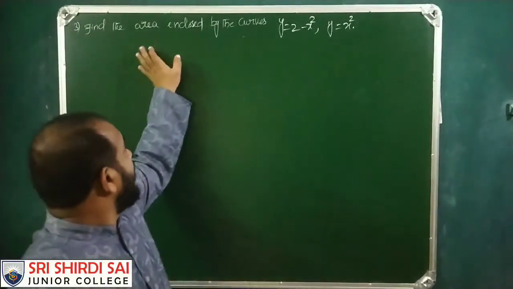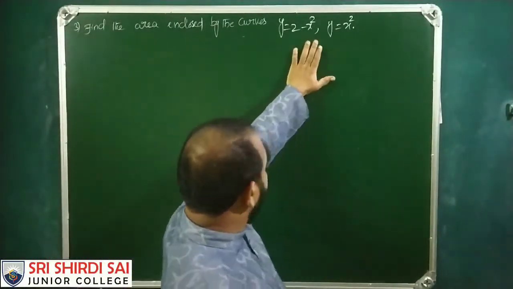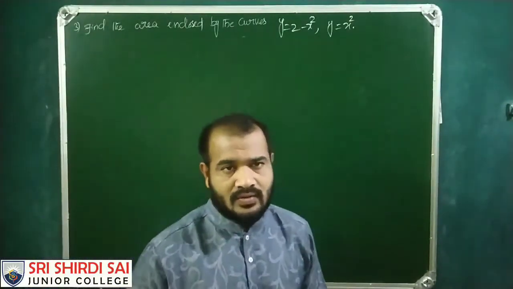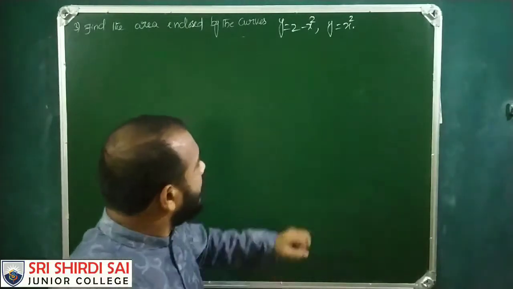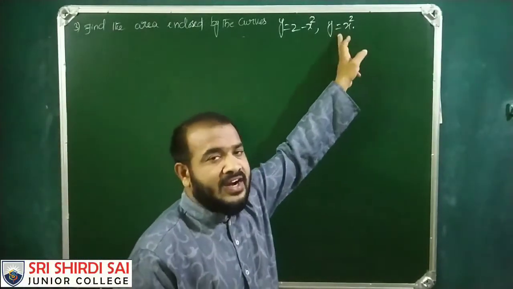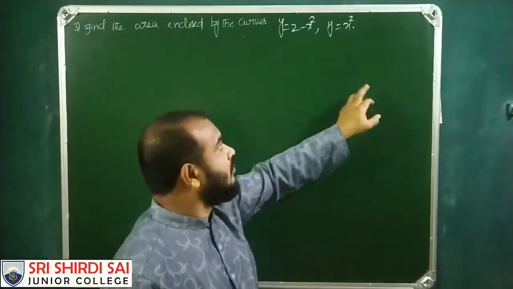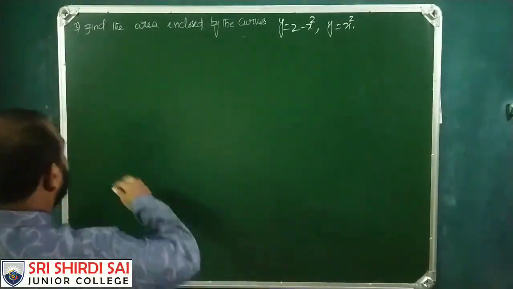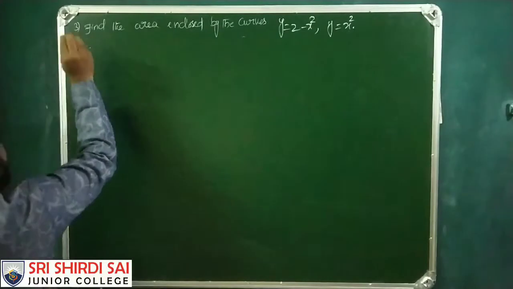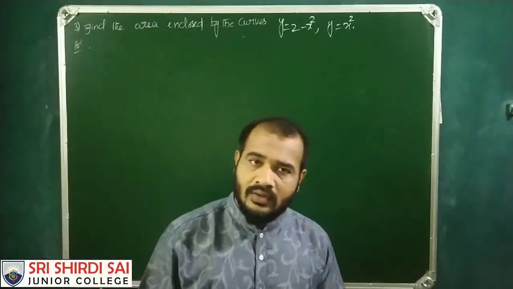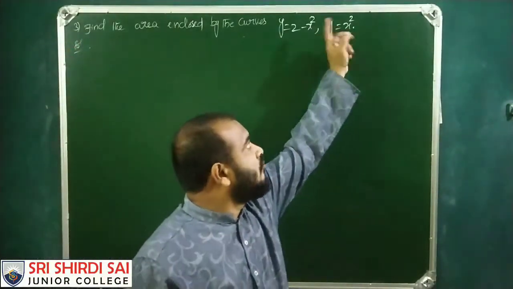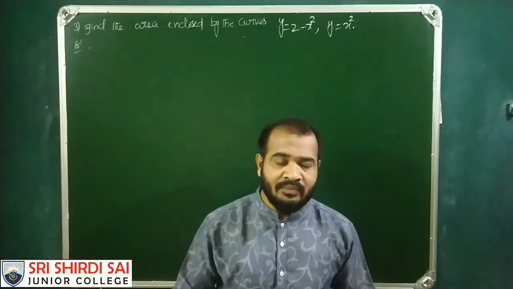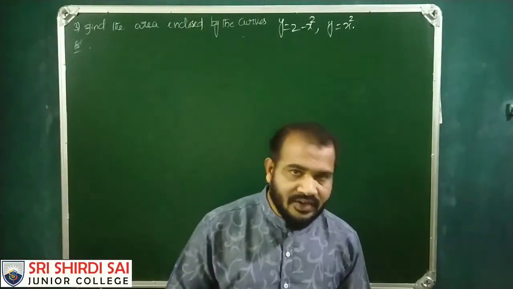Find the area enclosed by the curves y equals 2 minus x square and y equals x square. These are two parabolas. One is a standard parabola whose vertex is at the origin, but here the vertex we need to find out. Since the limits are not given, these two are intersecting curves, and between the two points of intersection we need to find the area.